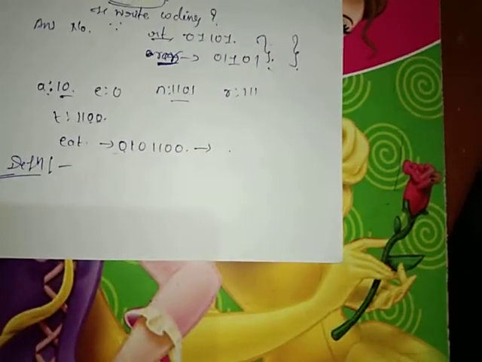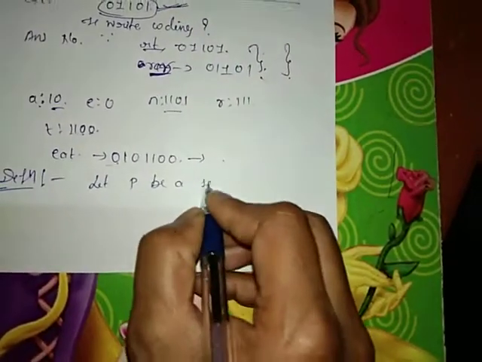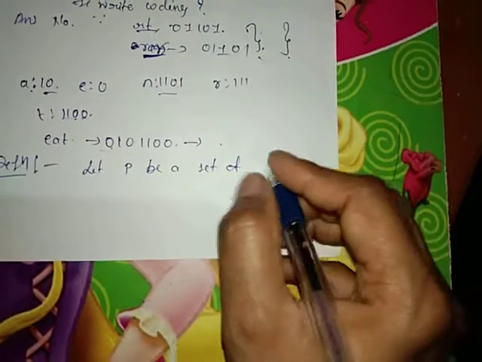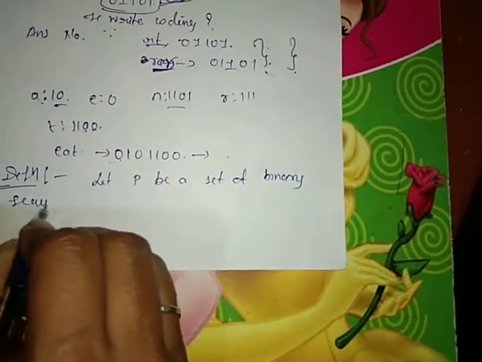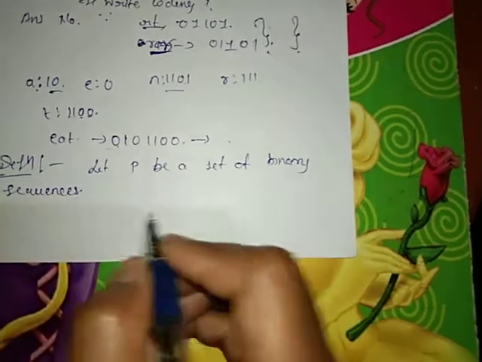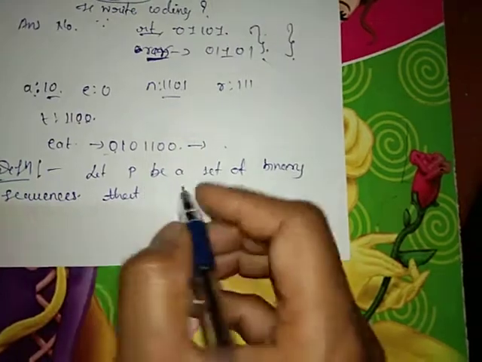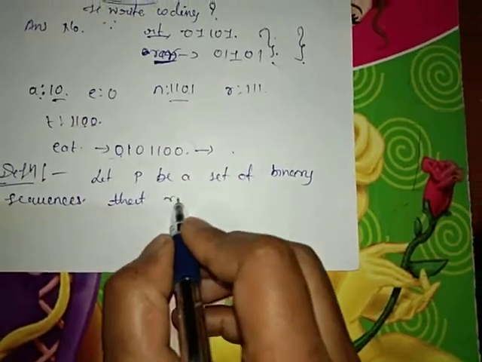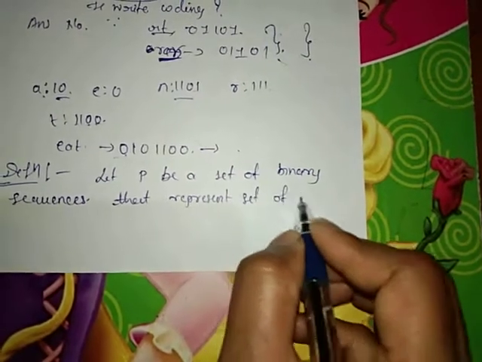Now the definition is, let P be the set of binary sequences that represent a set of symbols.